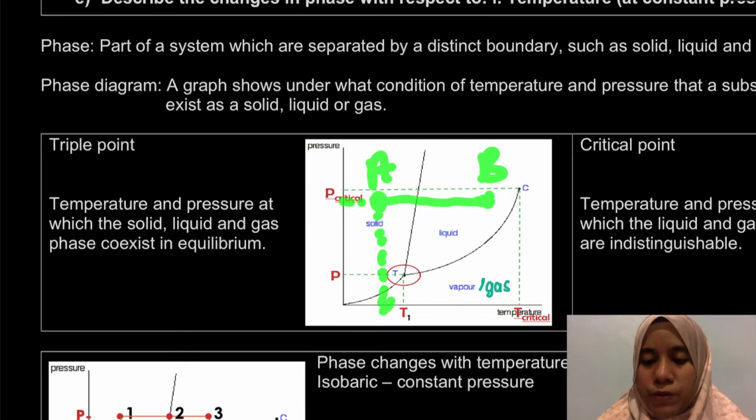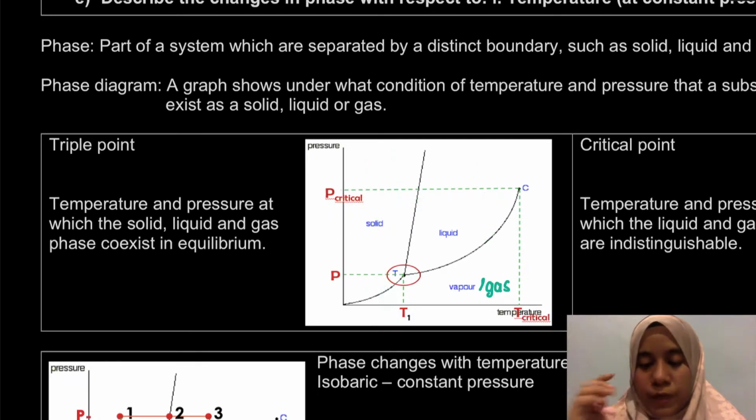At point B, at a certain pressure and temperature, it is in the liquid state. If it is on the line here, it is solid and liquid in equilibrium. Here, it is between liquid and vapor in equilibrium. That means it is the point where the phases meet.